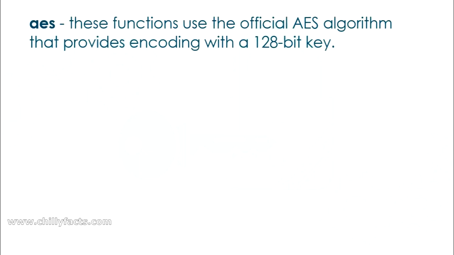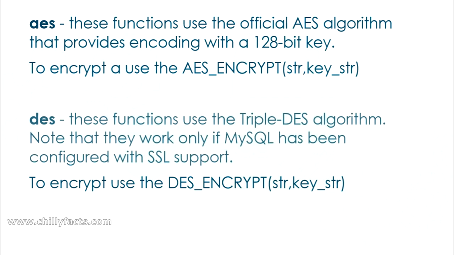Okay, now we have checked the encode and decode functions which can be used to encrypt the values with a secret key. And as I mentioned earlier, there are two more encryption methods, the AES and the DES type of encryption. So it is like this as it is shown.